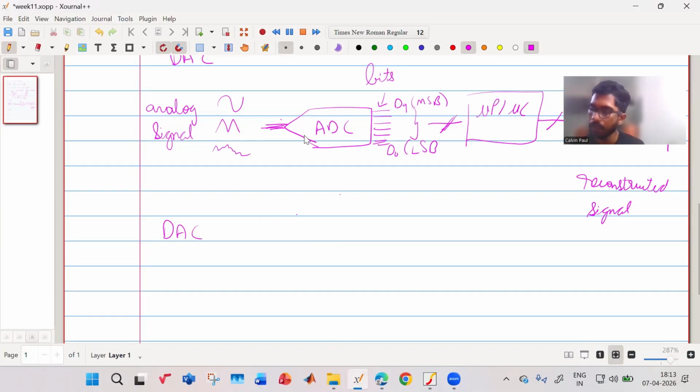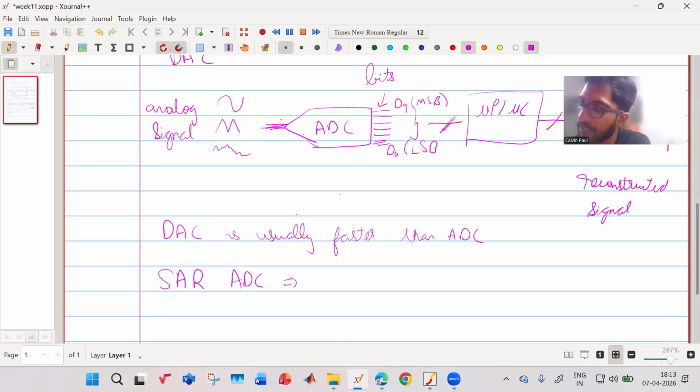I'd like to tell you that DAC is usually faster than ADC. If you see the successive approximation register ADC, it has an inbuilt DAC.